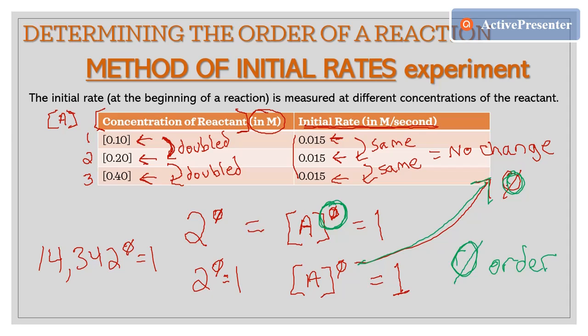And I'll just put a line through it so you know it's a 0. So this is going to be a 0 order initial rates experiment showing that this reactant is of the 0 order nature.